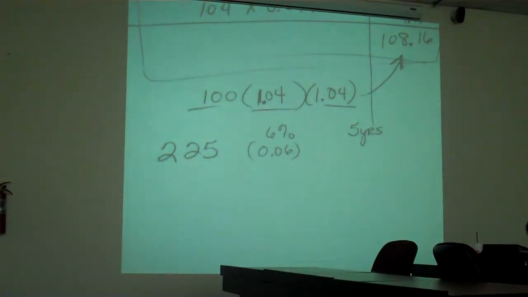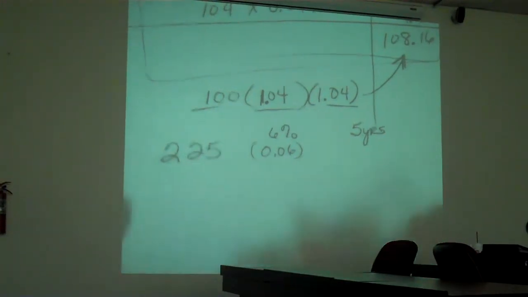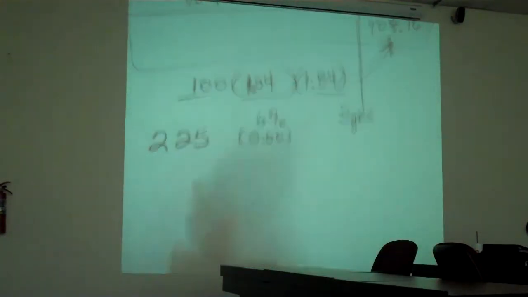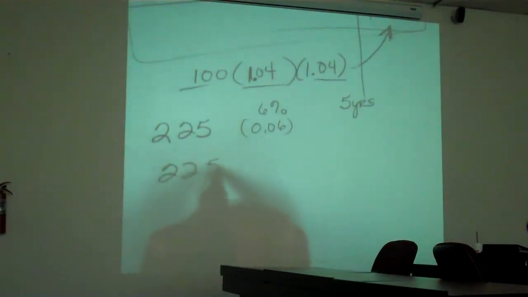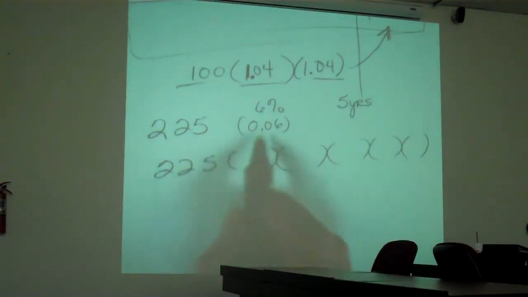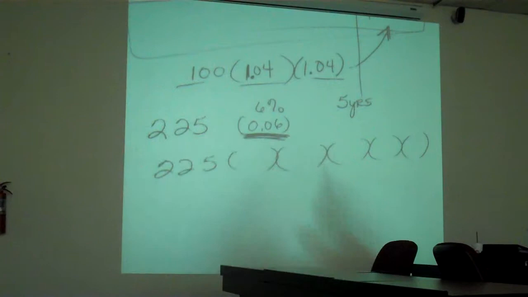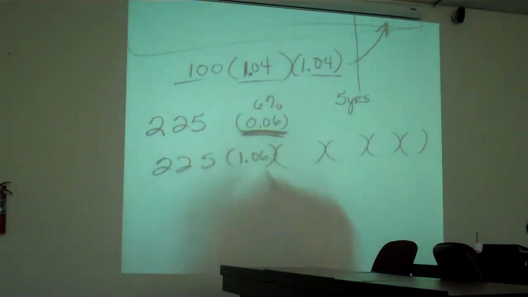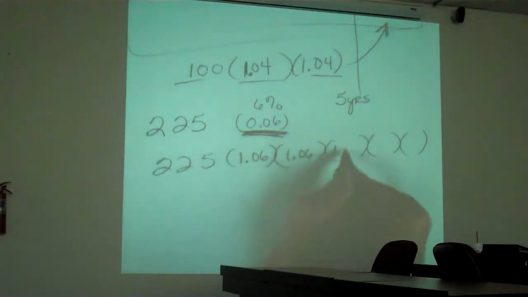You don't want to do that 5 times and add it and do it again, like we did up here. You don't want to have to do this 5 times, right? Okay, so we're going to do 225 times, 3, 4, 5 times. This part, don't forget to add your 1. 1.06. And do that 5 times.